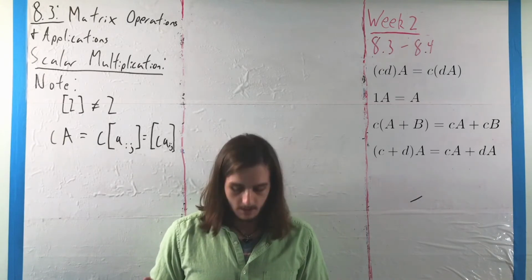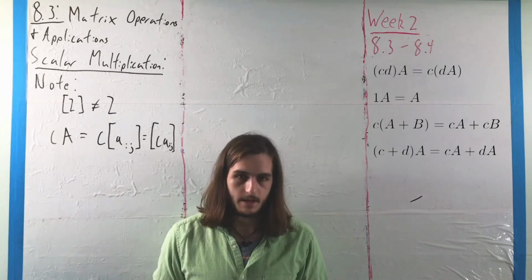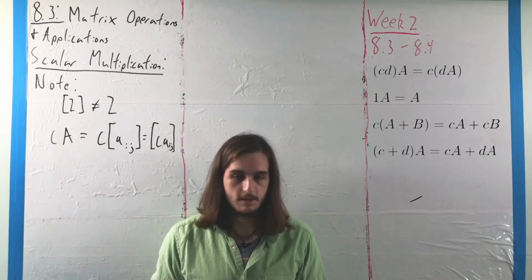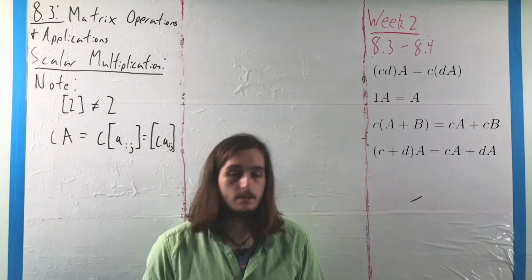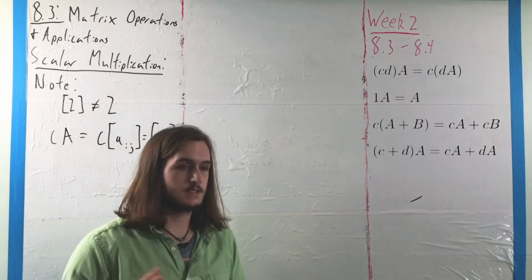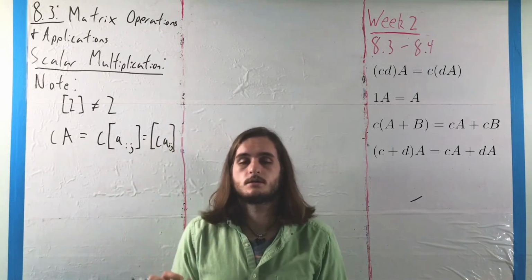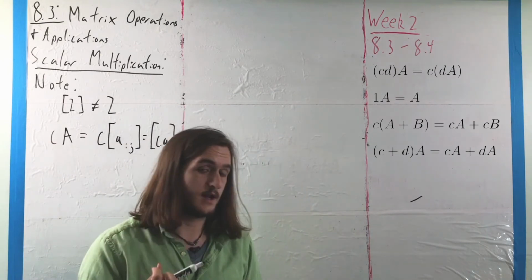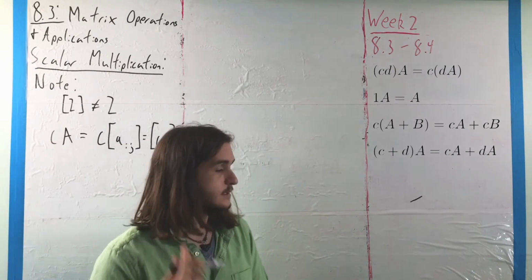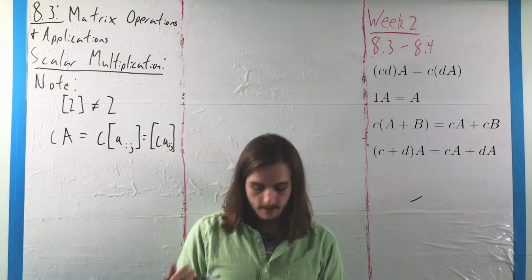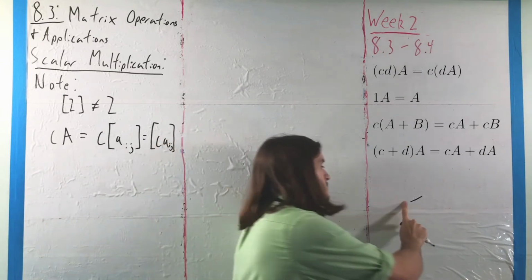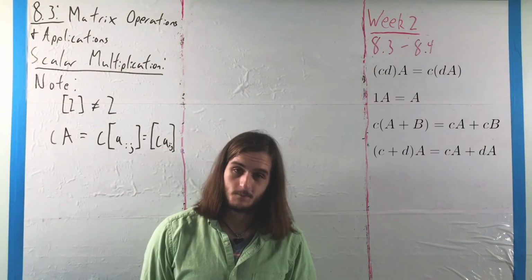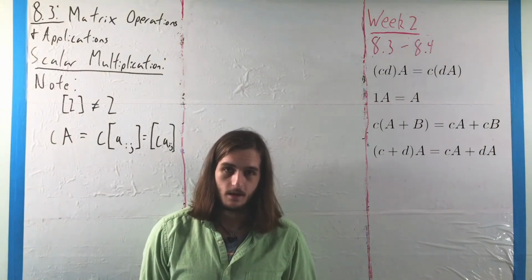If we look at what's called a linear combination, we can split that up and distribute in terms of constants as well. So if we have c times a sum of matrices, we have c times each. And if we have a sum of constants, c plus d times a matrix, we can split that into c times A plus d times A.